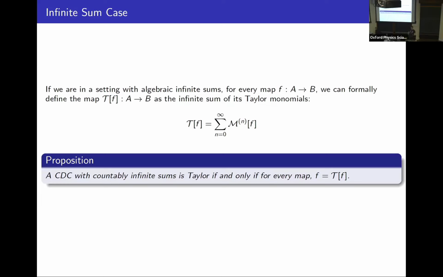It's not straightforward, but it's not difficult to show that if you have countable infinite sums, then your CDC is Taylor if and only if every map F is equal to this Taylor series with the algebraic infinite sum. So for now, our ultrametric behaves well with all the other possibilities of convergence.